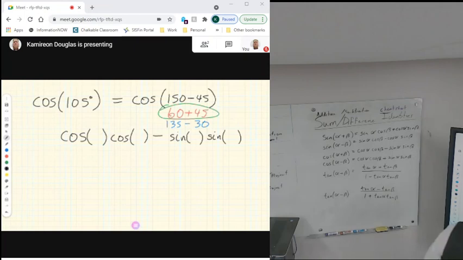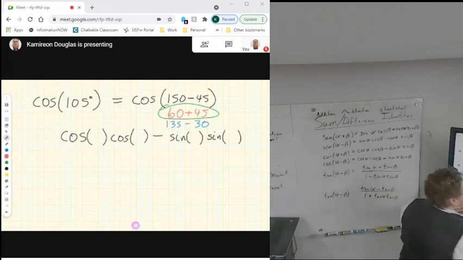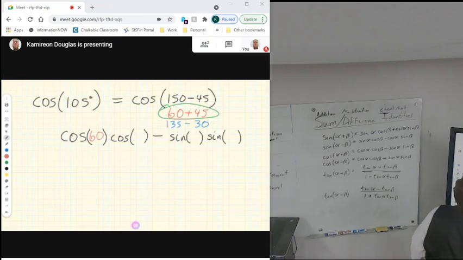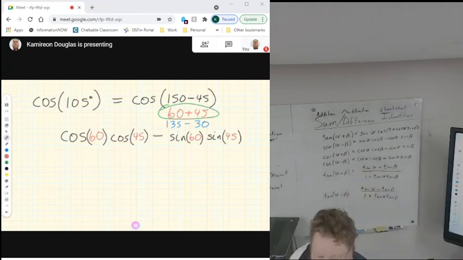Let's plug in those numbers. My alpha is 60. My beta is 45. You might also ask, we did 60 plus 45. What if I did 45 plus 60?